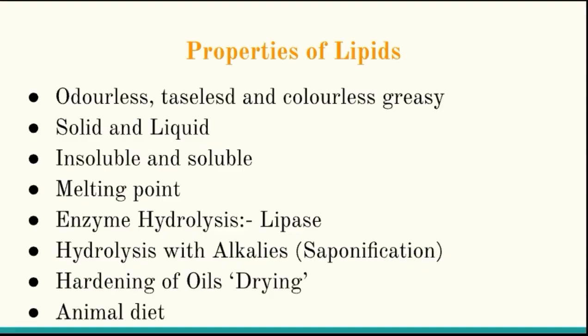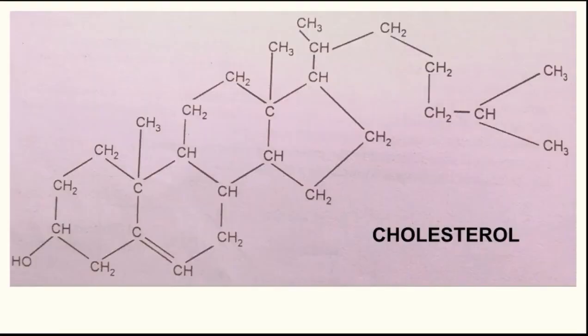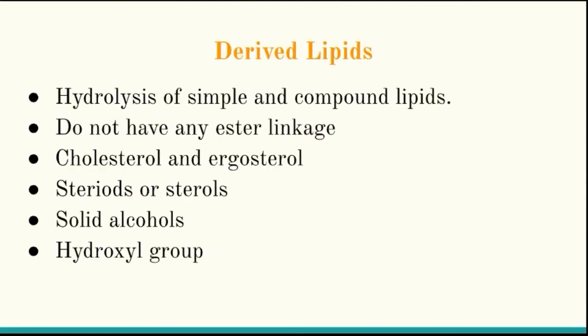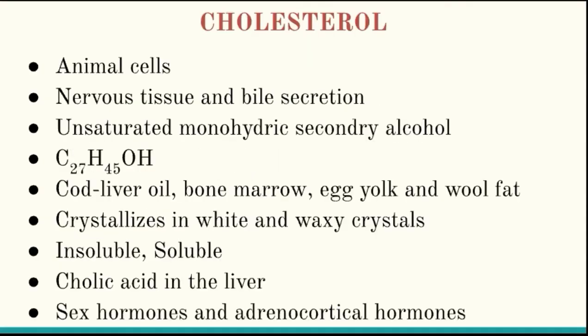So today in this lecture we have seen the derived lipids. There are two derived lipids, cholesterol and ergosterol. Cholesterol is generally found in all animal cells, in nervous tissue, and in bile secretion.